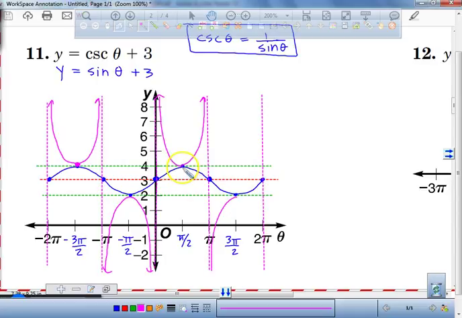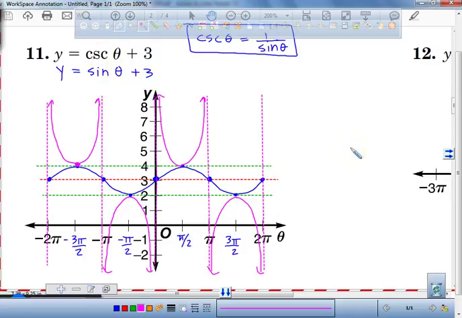So either it hits the highest point of the sine of theta graph or it hits the lowest point. This is the pattern I want you to be able to do without a graphing calculator. If you see this graph, I want you to graph the sine one first and then build your cosecant of theta graph.